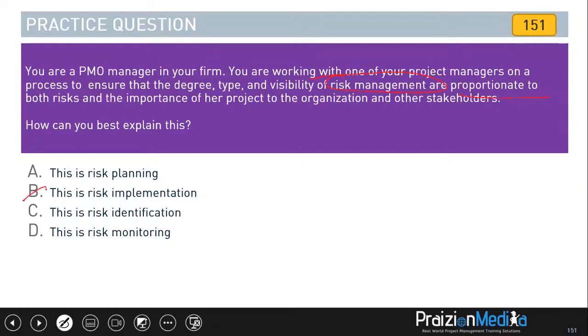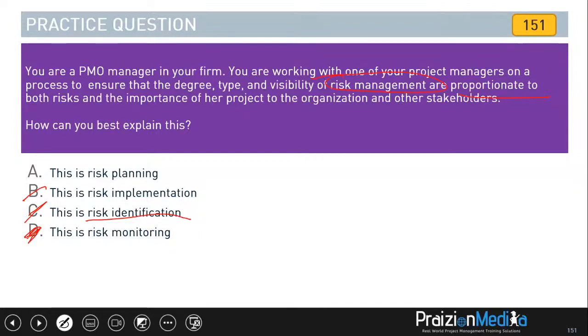If the degree, type, and visibility of risk management is not up to par with the profile of the stakeholders and the visibility of the project and the importance of the project, there could be trouble. First of all, you'll be doing subpar risk management. And secondly, you may have some stakeholders push back. So it's not an implementation thing. It's not in the very beginning of identification. It's not risk monitoring, it's risk planning.